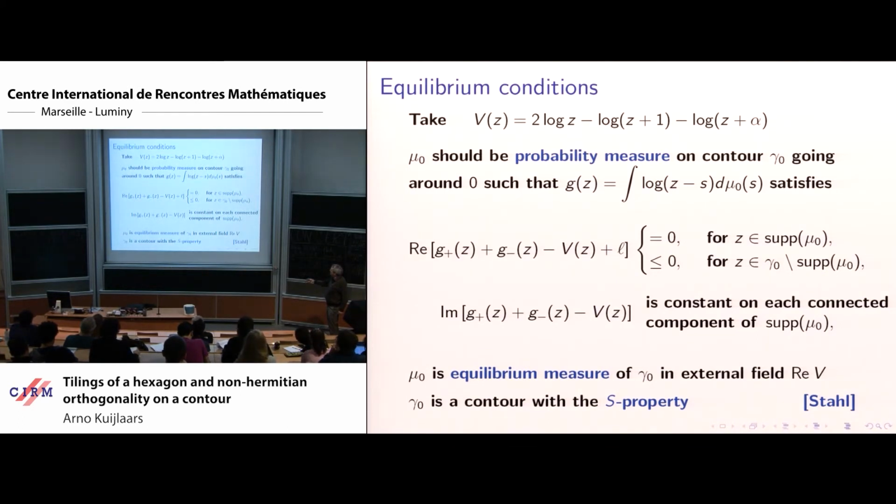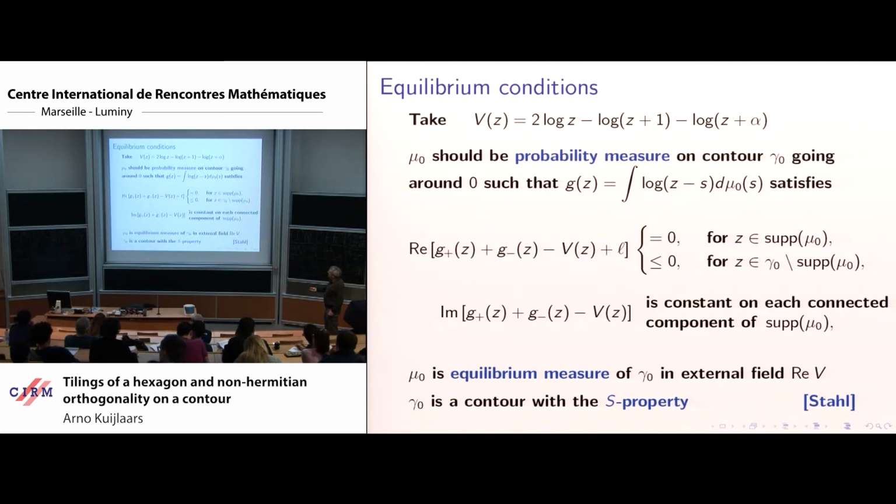This real part should be 0 on the support and less than 0 on the rest of this contour. These are actually the usual equilibrium conditions that are associated with equilibrium measures and external fields that maybe some of you have worked with or read about.